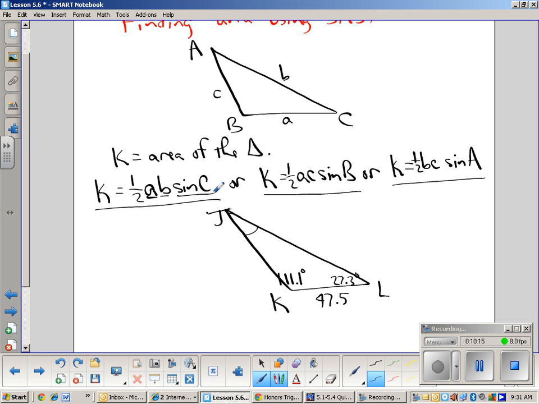So these are going from this triangle up here.